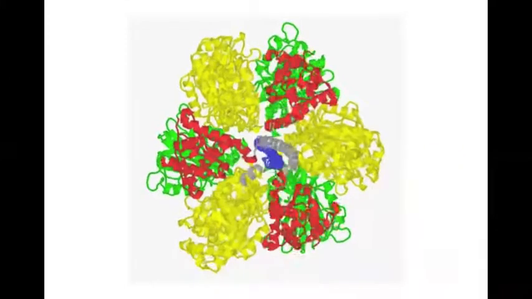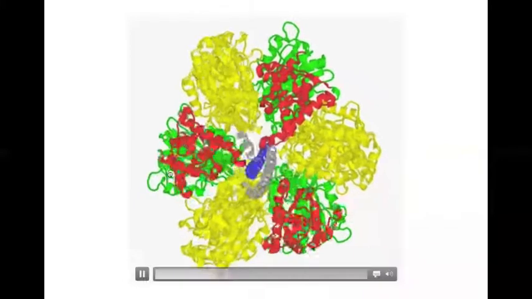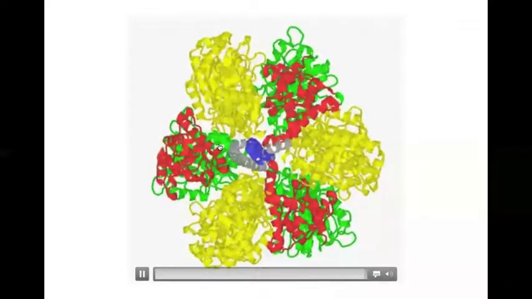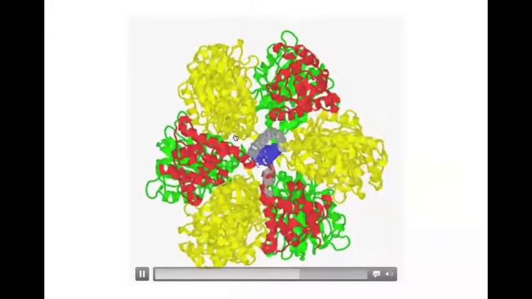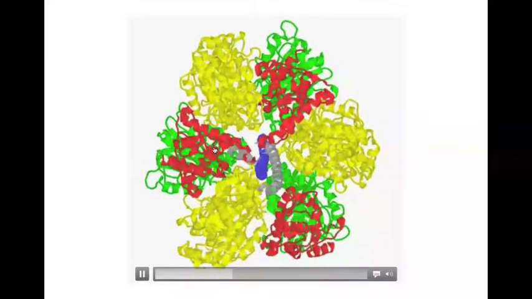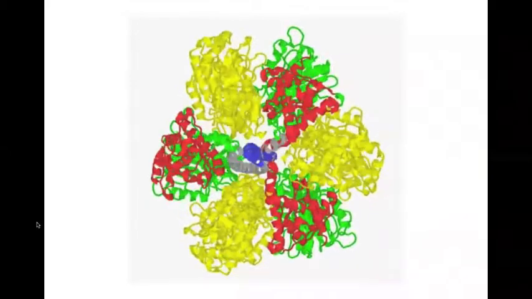So this is looking at it from the top. But this enzyme actually makes ATP in this interface between the red part here and the green part. And what happens is that when this opens up, ADP and phosphate go in, then it closes on top of it. They're stuck together to make ATP. It opens and they're released.